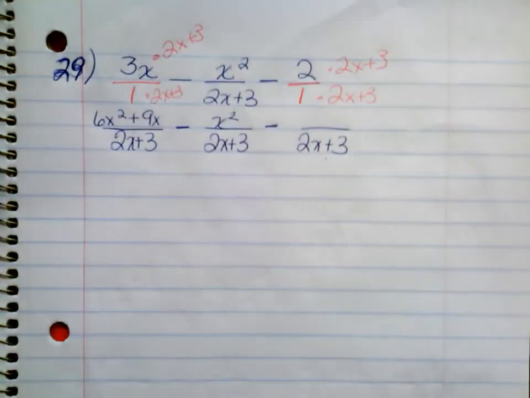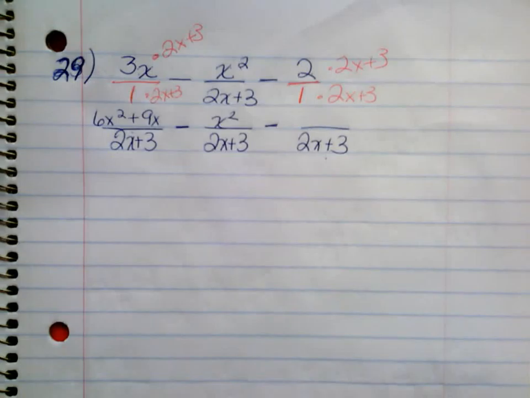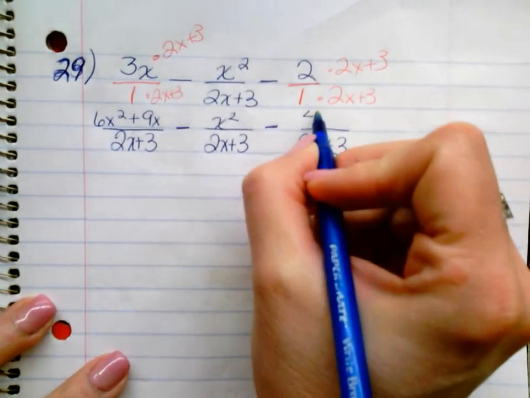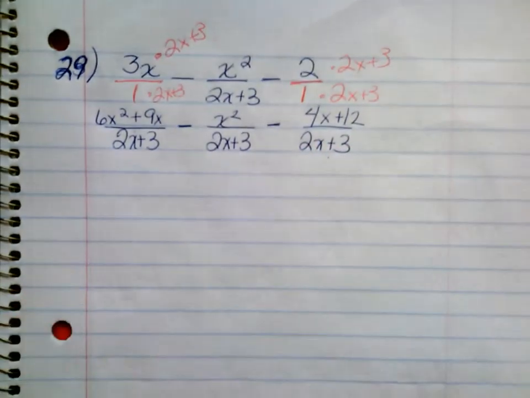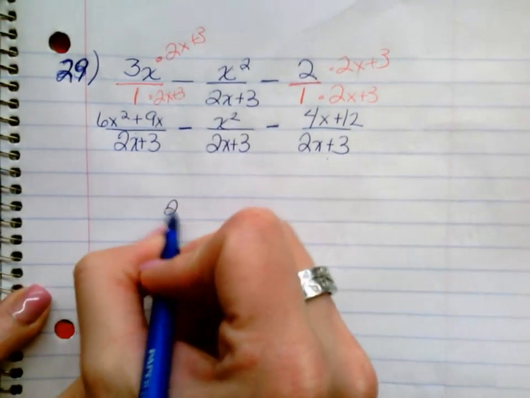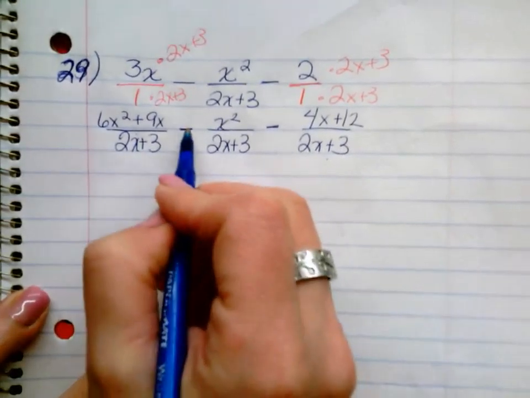That gives me 4x plus 12 here. Denominators are all the same, so all the numerators get combined according to the operation in between.